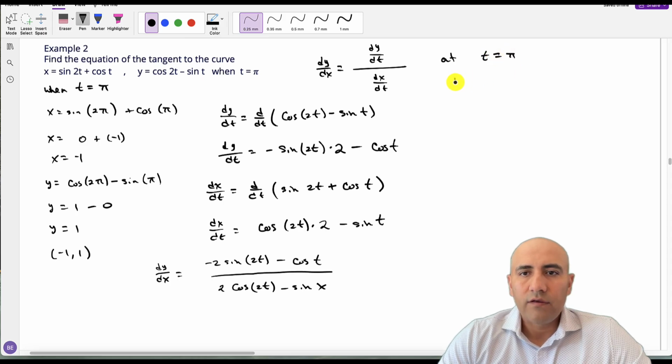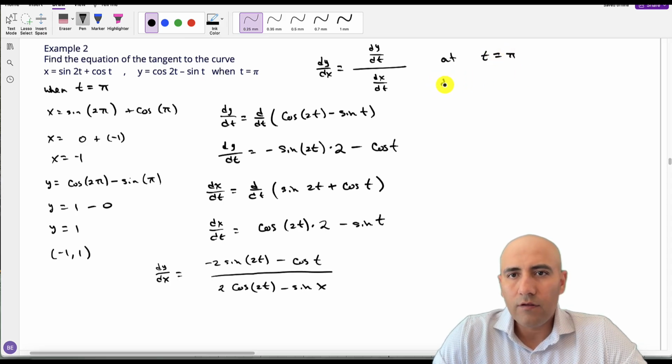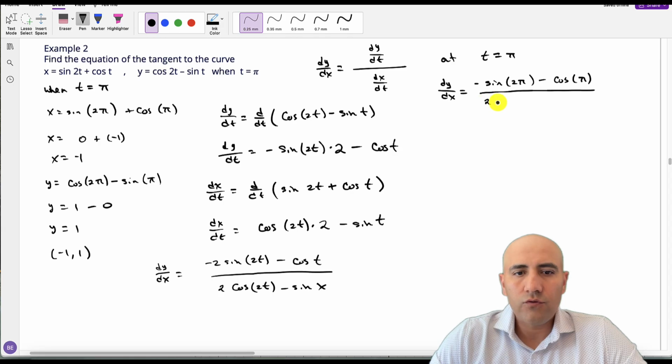we can find our derivative. Our derivative, dy/dx, is going to be equal to, oh, there's an extra 2 here, sorry, minus 2 sine 2 pi minus cosine of pi, following this formula down here, divided by 2 cosine 2 pi minus sine of pi.